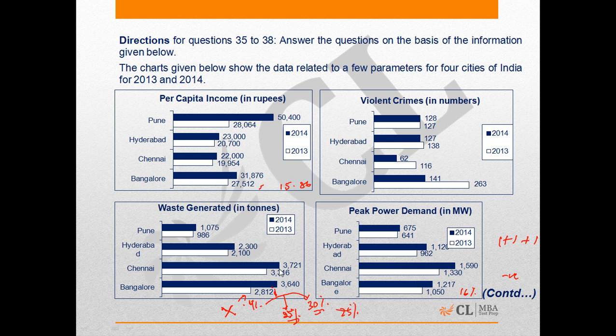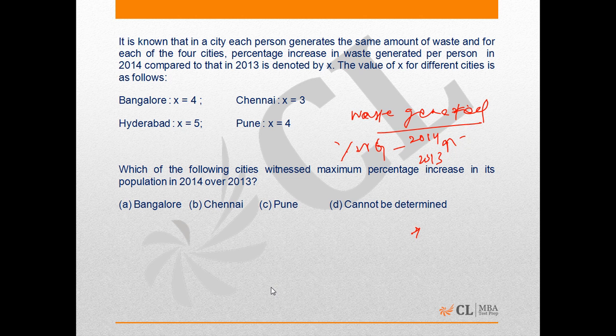So there is no point of calculating percentage increase in population of these cities, as it will certainly be less than the percentage increase in waste generated, as it is obtained by increasing two things. One is percentage increase in population, and another factor is percentage increase in waste generated per person. Therefore Bangalore is the correct answer, which is option A.